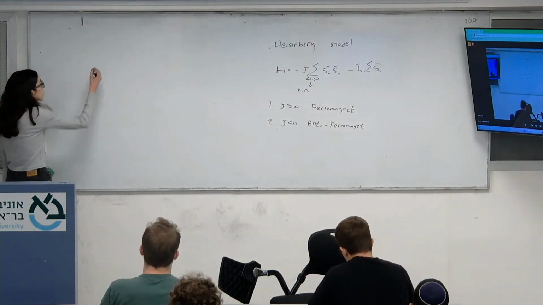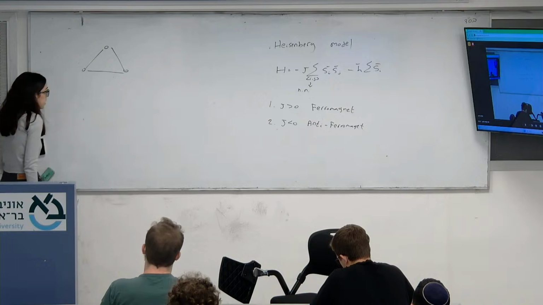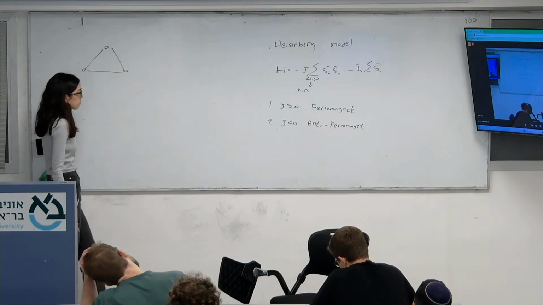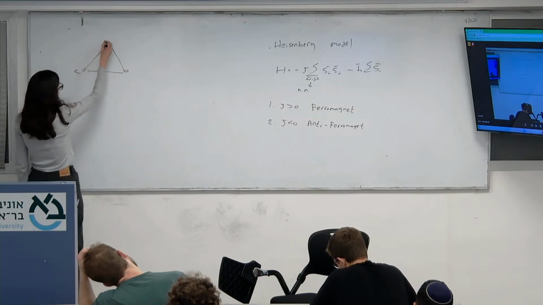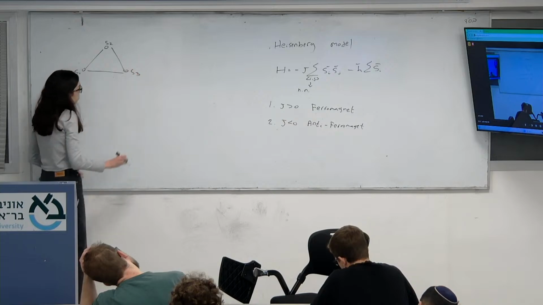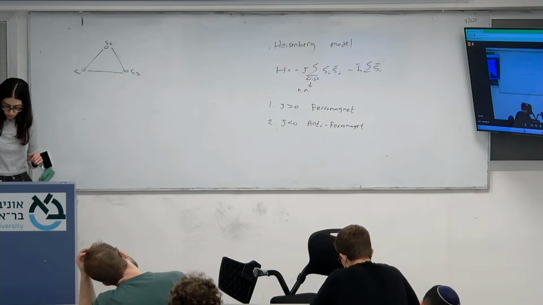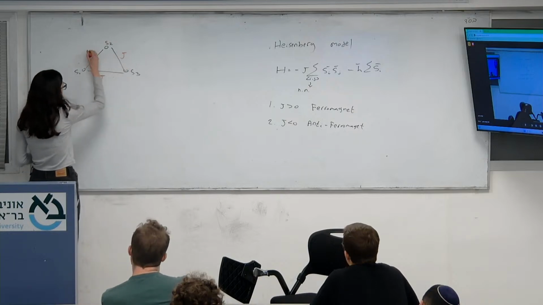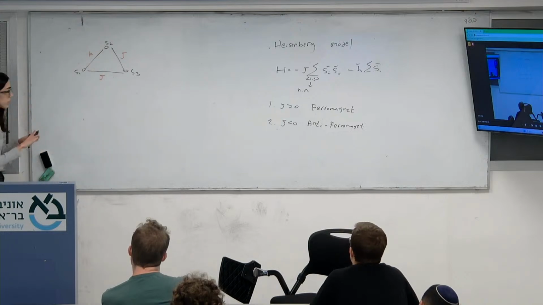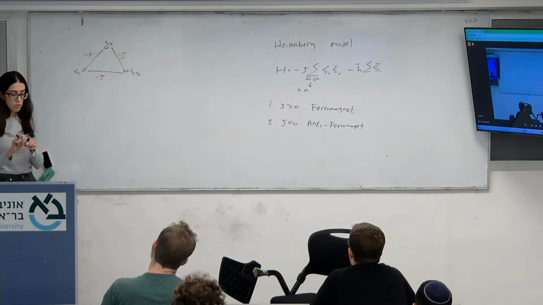So we have a triangle. And at each vertex of the triangle, we have a spin. So let's say this is S1, S2, S3. And between each two spins, we have some coupling coefficients. So here we have J, and J, and K. Let's call it minus because I want to be consistent with what we do later.